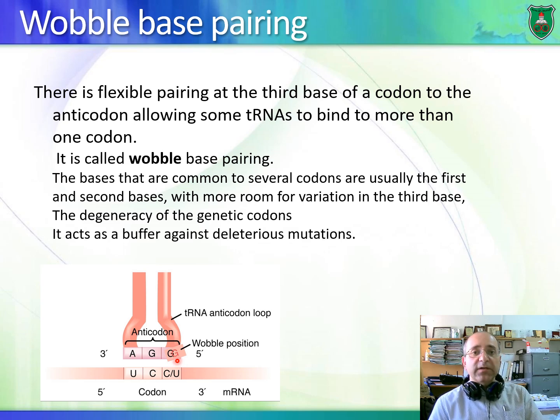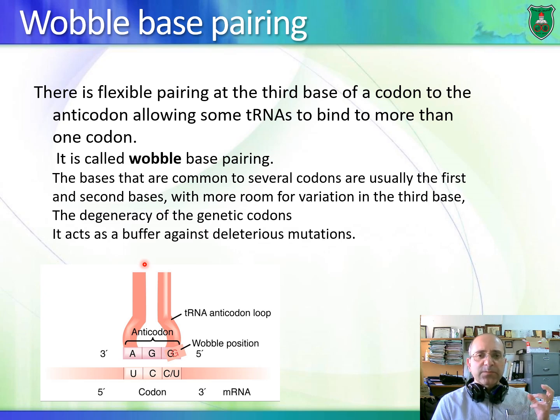And this flexibility is important because it acts as a buffer, meaning that it protects cells and proteins from mutations. I'll show you an example right now.